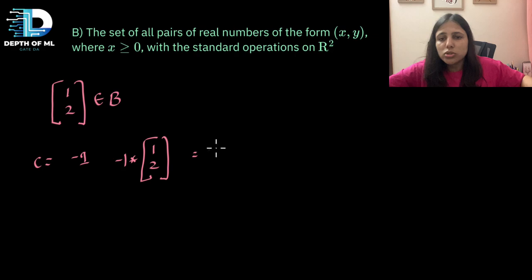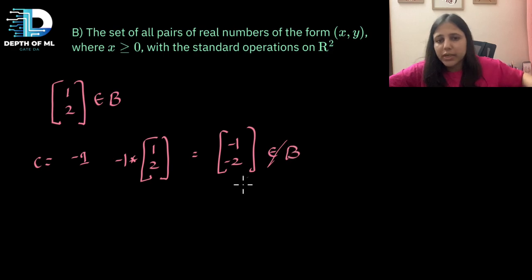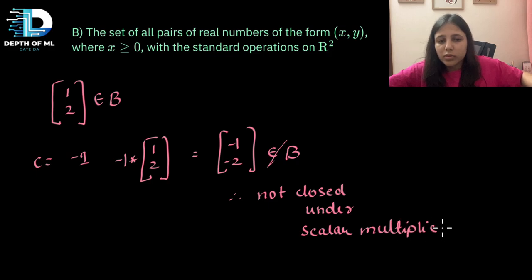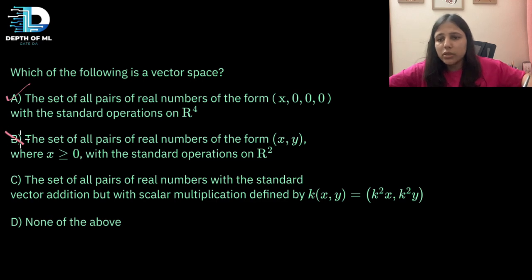So I will get (-1, -2). Now this does not belong to B, right? Therefore, this is not closed under scalar multiplication. Fine. So hence this is not correct.